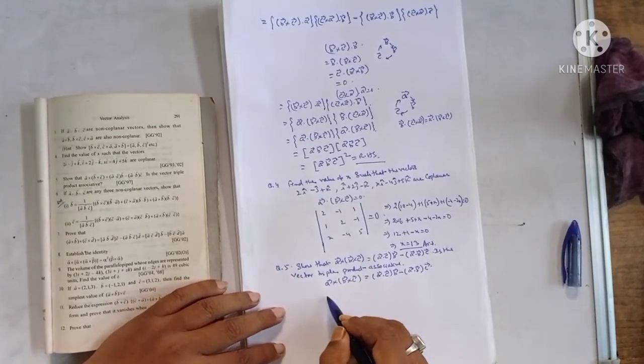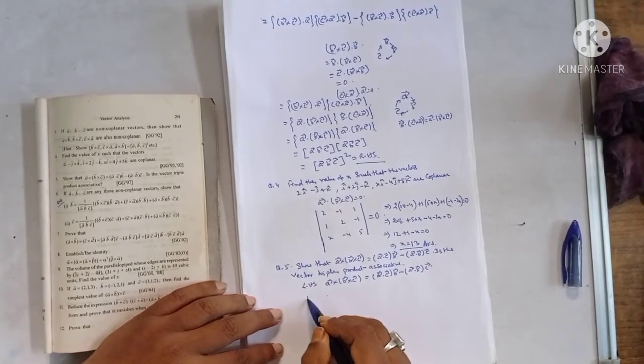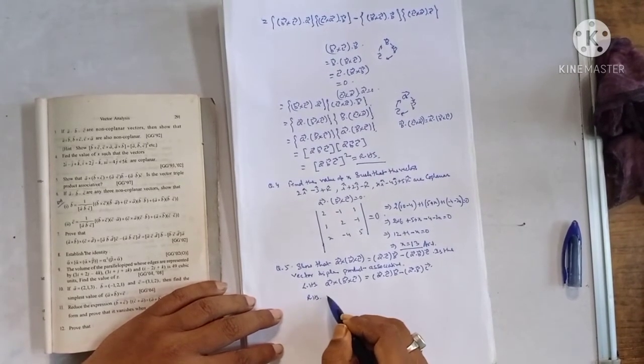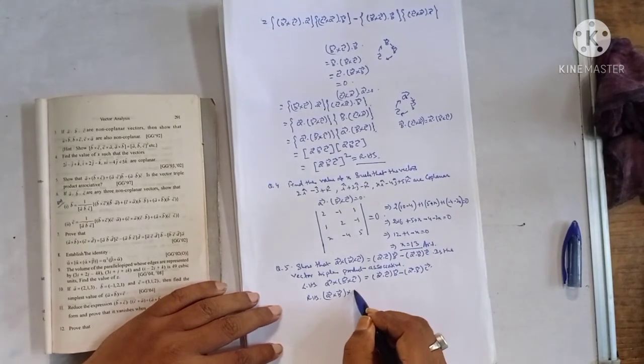Now here this is your left hand side, and your right hand side, that is A vector cross B vector cross C vector.